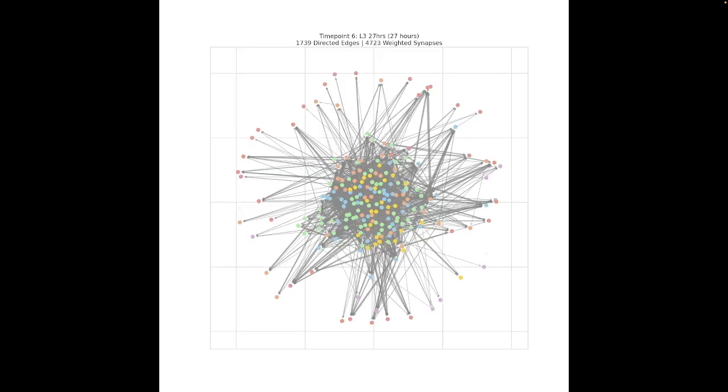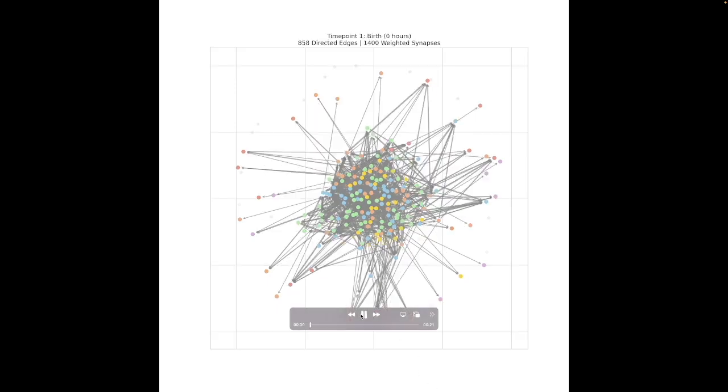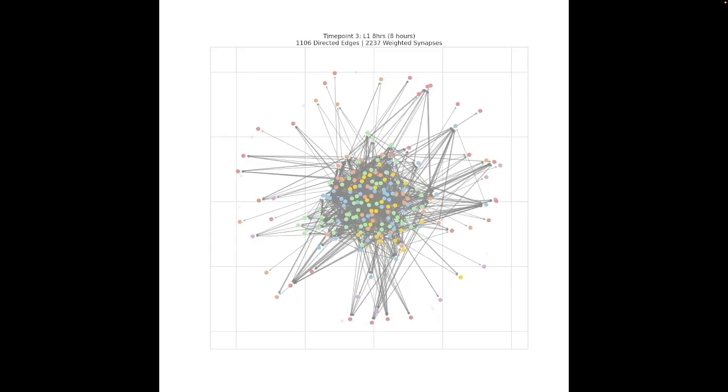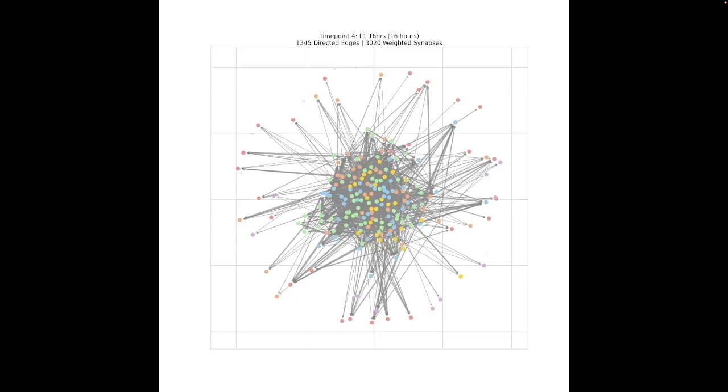This just shows these networks as they change over time. So he was able to show this change over time for the 8 different topologies and how those connections change. If I go over it again, you can see that there are changes over time as the network evolves.